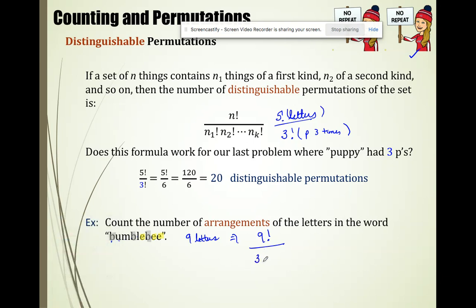I have to divide off the 6 columns of E's and the 6 columns of B's. Okay, so 9 factorial is much larger than this, but I had to divide off the repetitions for my distinguishable permutations.